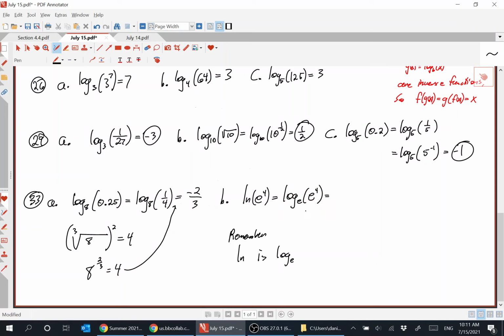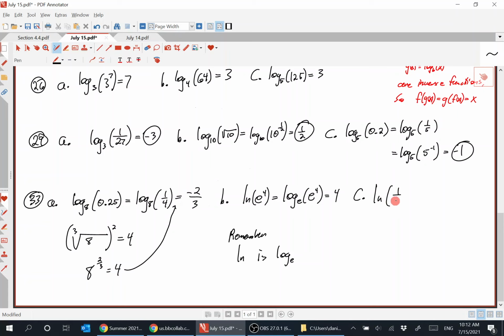Going back to the discussion above, because the exponential function and the log are inverse functions, that just gives you 4. So e to what exponent gives you e to the fourth? 4. This is probably the most commonly used logarithm, ln. Again, they're all the same in a certain sense, which we'll see later.